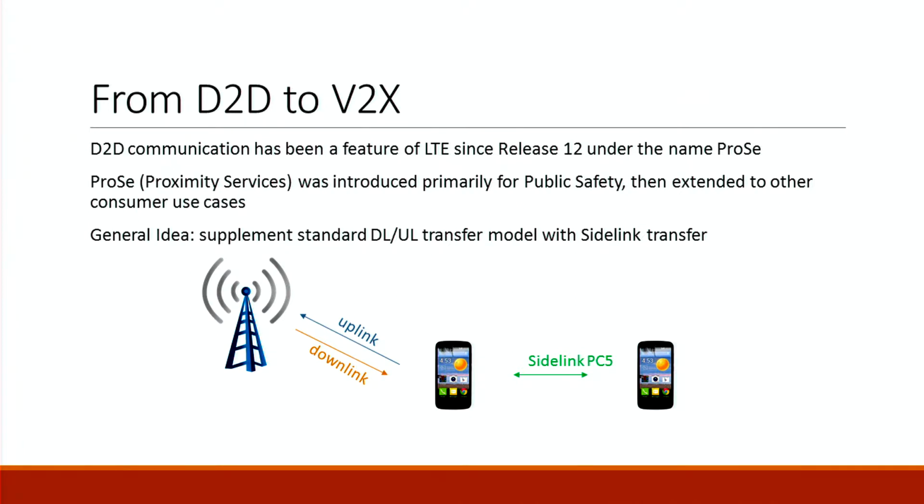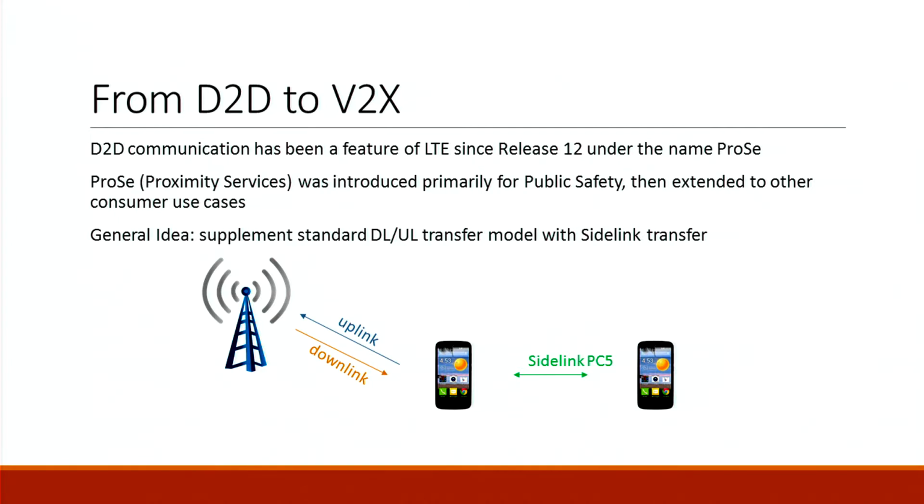As we will see, D2D uses the same resource blocks as LTE, and maybe your friend is not using the same operator on his phone, but still D2D allows you to exchange the data, and this is the whole purpose, even between users that do not belong to the same operator.